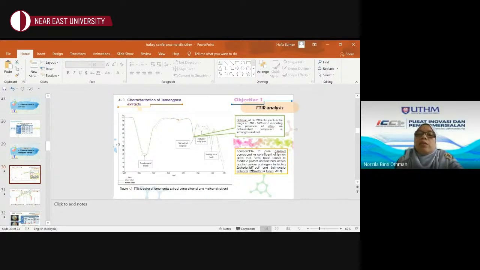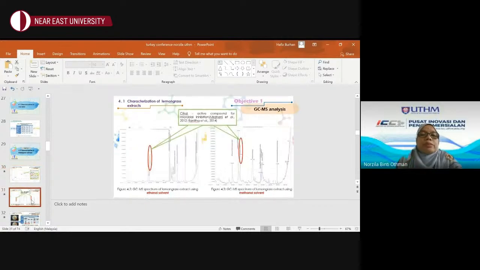Comparable to the pure compound, the constituents of lemongrass have been found to exhibit a pattern of antibacterial activity that has the potential to treat E. coli. Besides that, the GCMS also proved the existence of citral, which is the active compound for microbial inhibition.